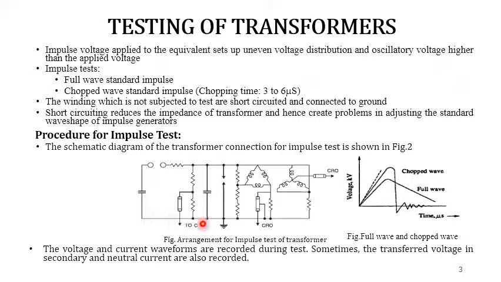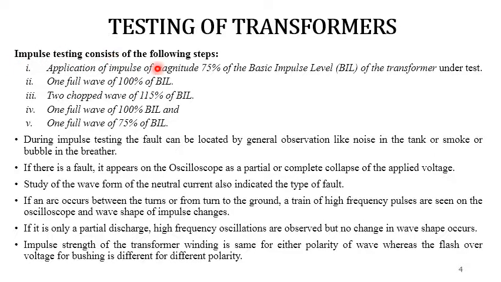So you can see here the CRO and the grounding point, and the low voltage winding of the transformer connected to the CRO. Here the impulse testing is conducted in the following sequence. First, applying an impulse of magnitude 75 percent of the basic impulse level of the transformer under test.